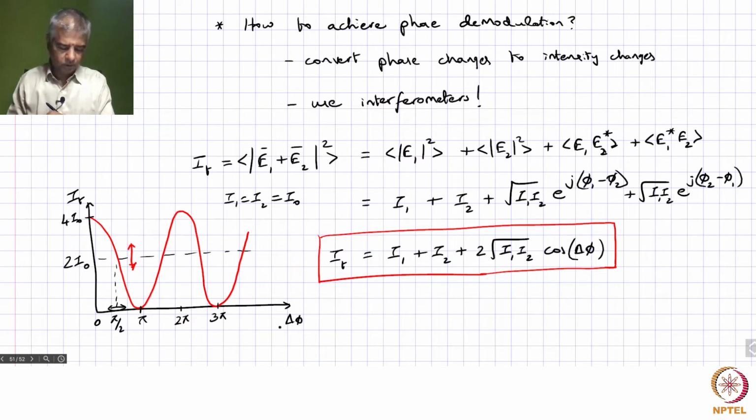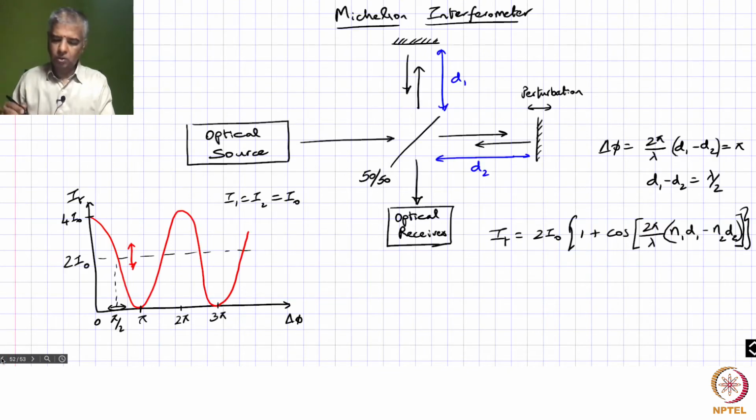We looked at what is the optimum point for operation, and then went on to look at one example of an interferometer, a relatively simple example, the Michelson interferometer, where the optical source is split into two parts by this 50-50 beam splitter, and both those parts are reflected back, so the beams are folded back, and then come to the optical receiver, where both beams are incident on the photodiode.